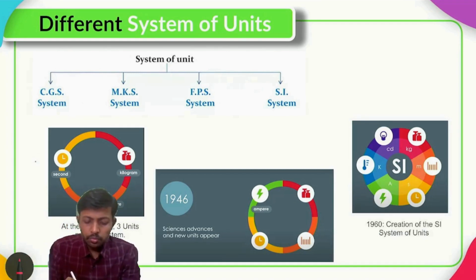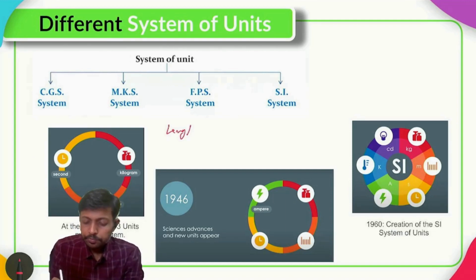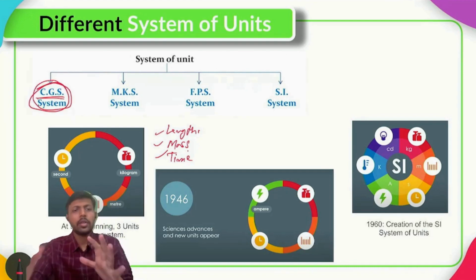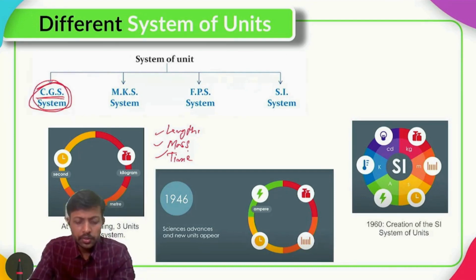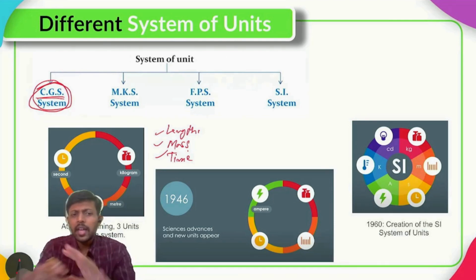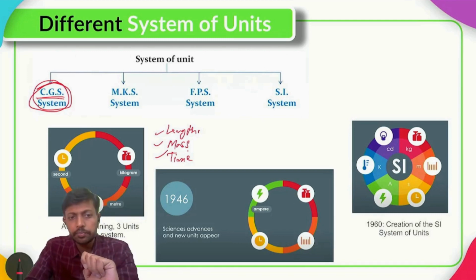So, those were length, mass, and time. These three fundamental quantities. Wherever we were measuring length in centimeters, mass in grams, and time in seconds, that kind of system came to be known as the CGS system.